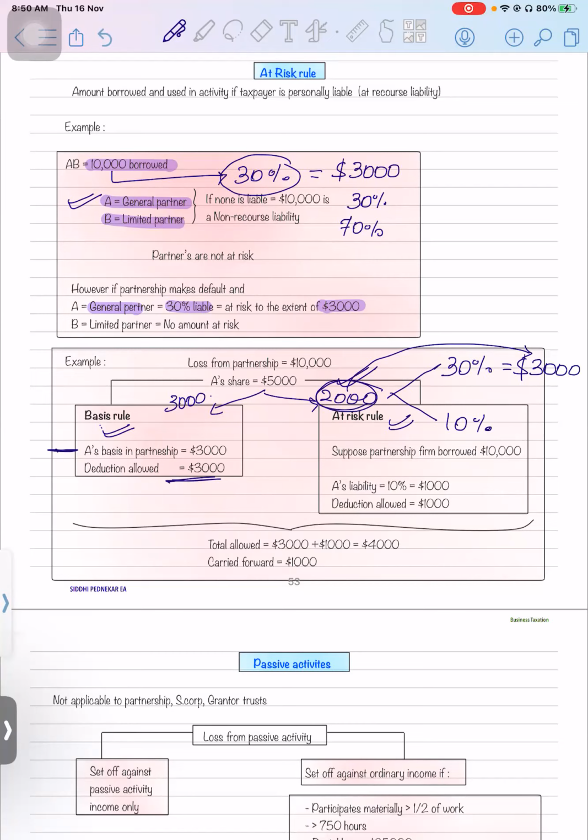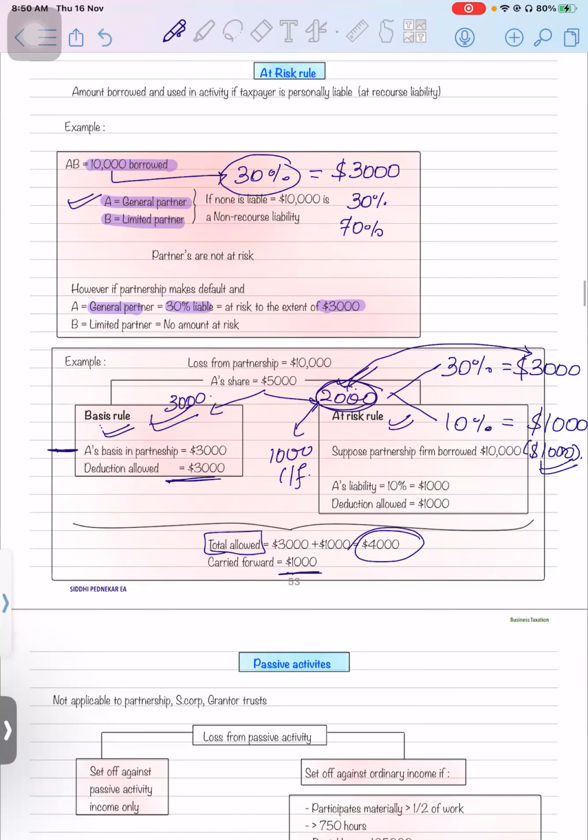But let's take the other example where we are having the at risk amount of only $1,000. So can I say out of this 2,000, only 1,000 can be offset and the remaining 1,000 will get carried forward. So total allowed loss will be what? 1,000 and 3,000, that is $4,000, and 1,000 will get carried forward. Got it, guys? This much is clear. Anyone is having any question?